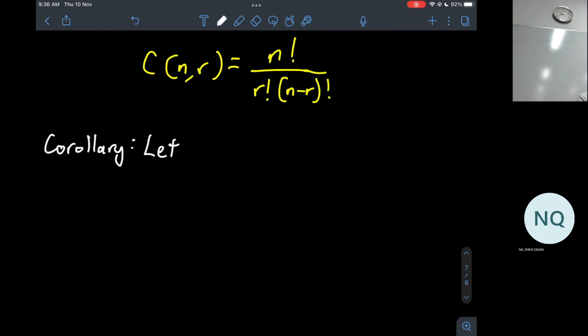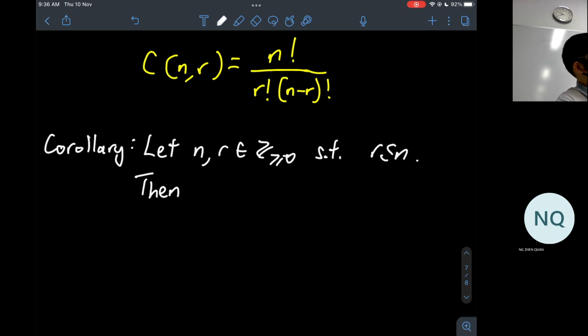Try and stare at it while I write. There's some symmetry in this formula. What's the symmetry here?